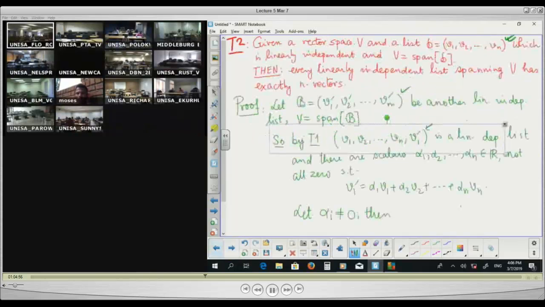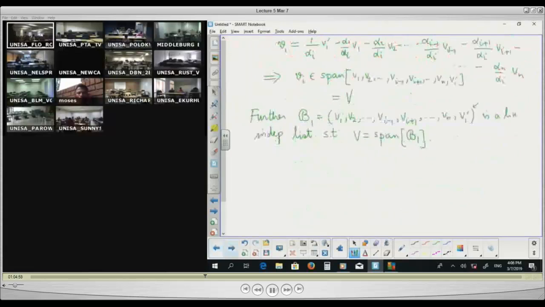Okay? So what did I do? I have just replaced one of the vectors from the original list by V1 prime. But then, this is also another linearly independent list which spans V.